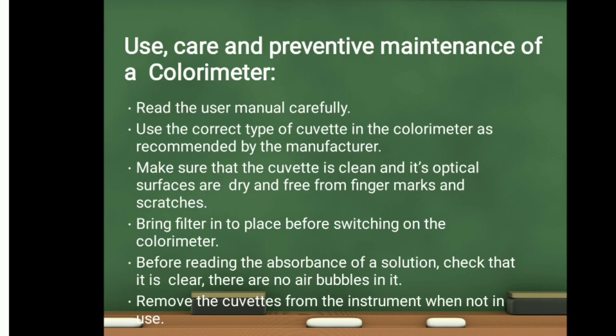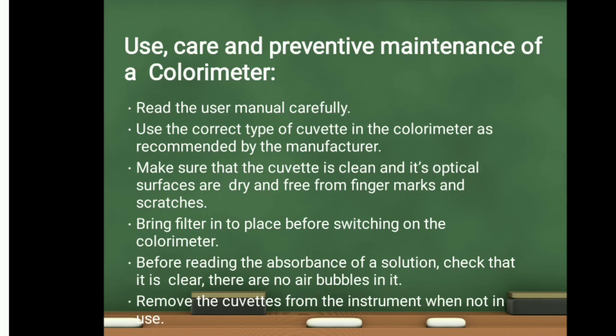Use, care, and preventive maintenance of colorimeter. Read the user manual carefully. Use the correct type of cuvette in the colorimeter as recommended by the manufacturers. Make sure that the cuvette is clean and its optical surfaces are dry and free from finger marks and scratches.